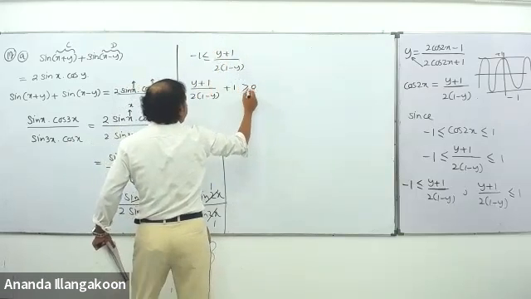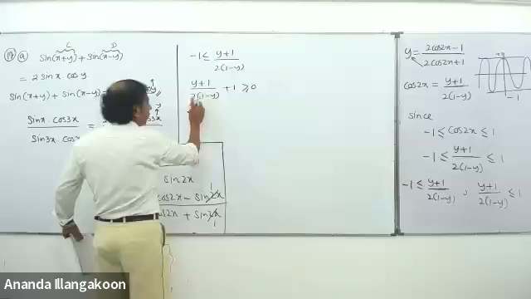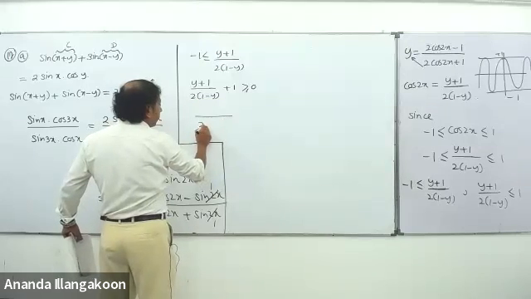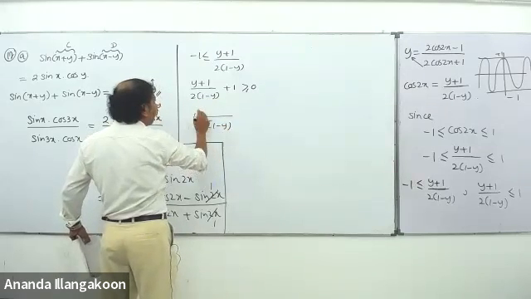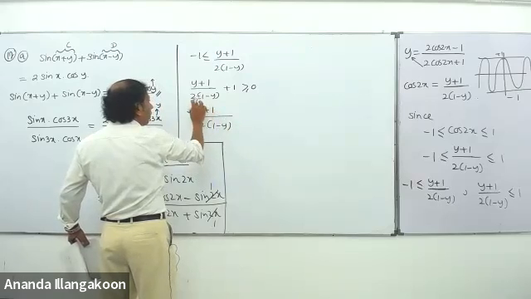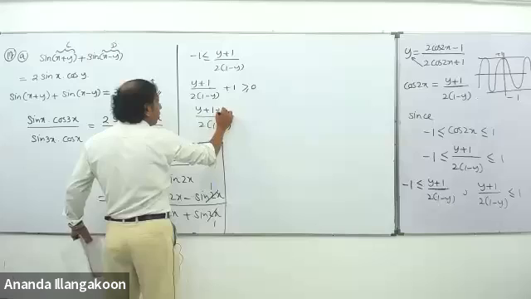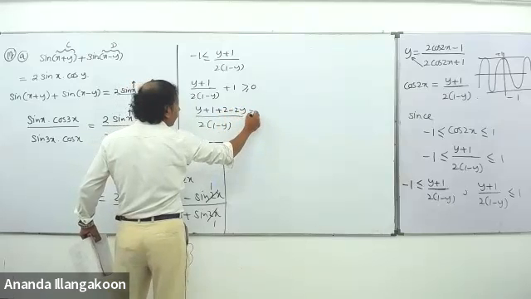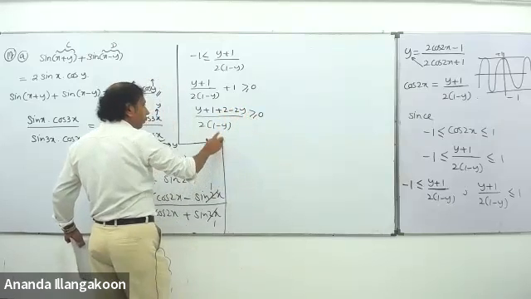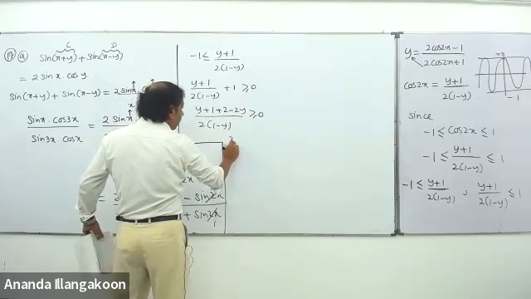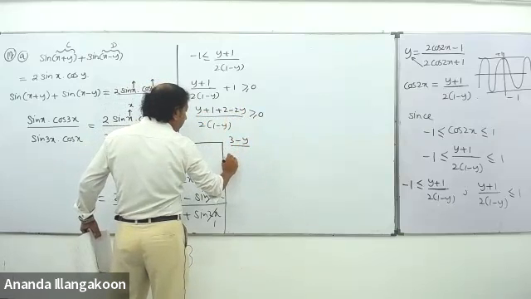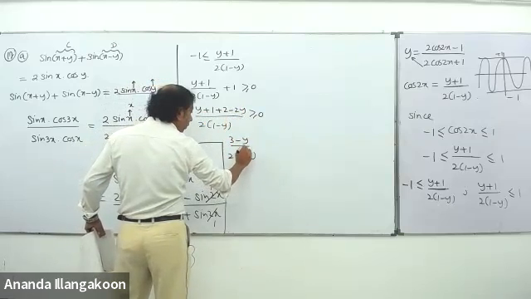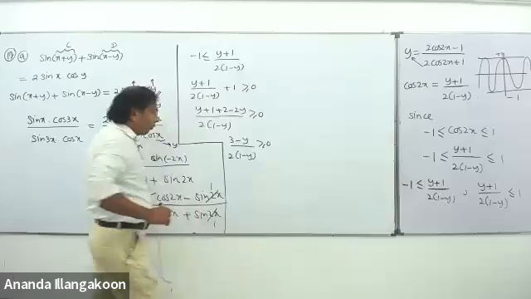Take the common denominator as 2 times 1 minus y. Here y plus 1 comes here, 2 minus 2y. Now here what do you get? 3 minus y divided by 2 times 1 minus y greater than or equal to 0.